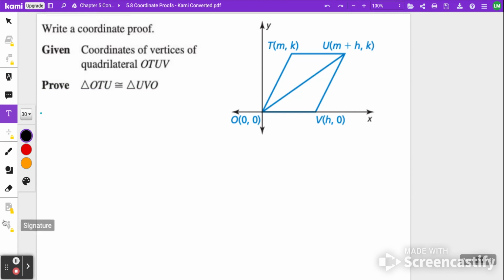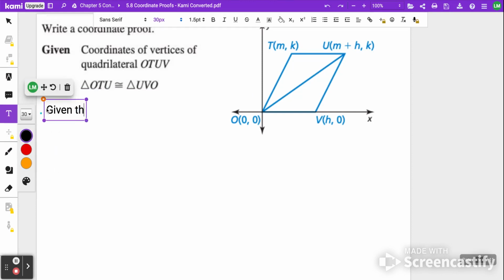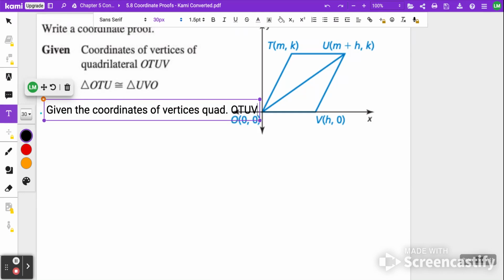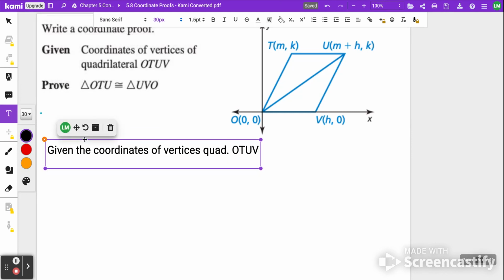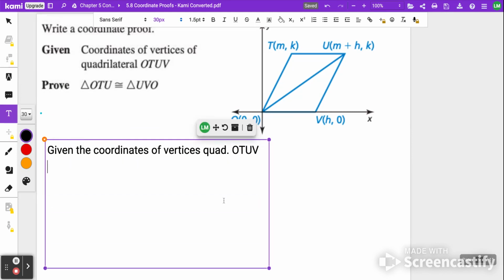So we are given the coordinates of vertices for quadrilateral OTUV. One thing we might want to consider next is I do see that some of these lines could be equal.